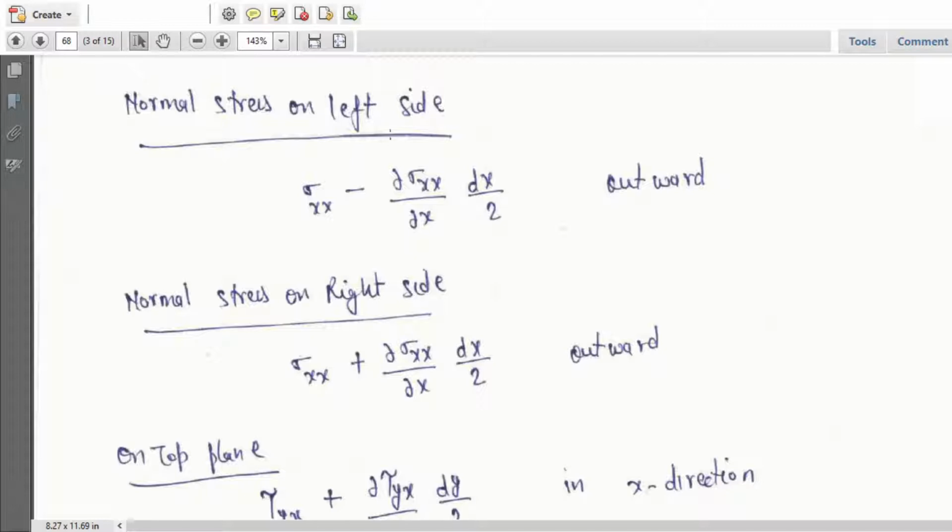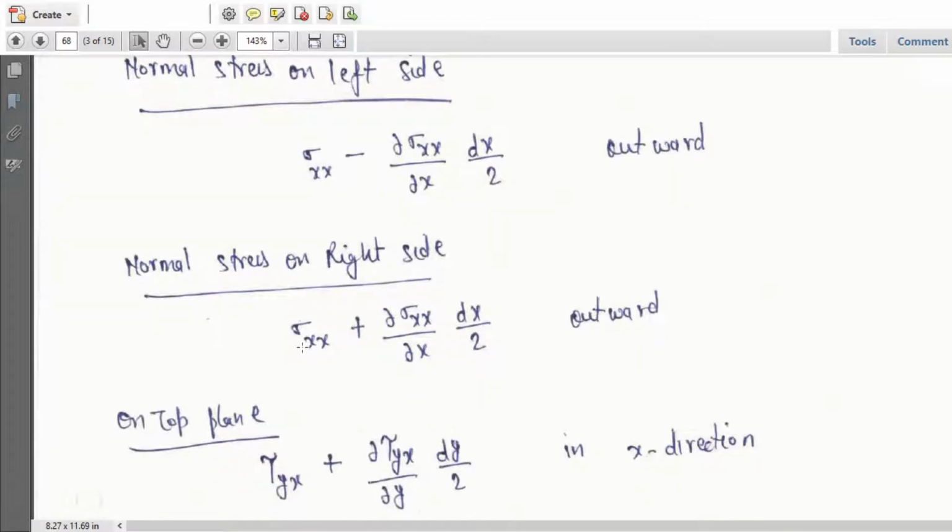The normal stress on the left side would be sigma xx at the center minus ∂sigma xx/∂x dx/2, and the right side is sigma xx plus ∂sigma xx/∂x dx/2.